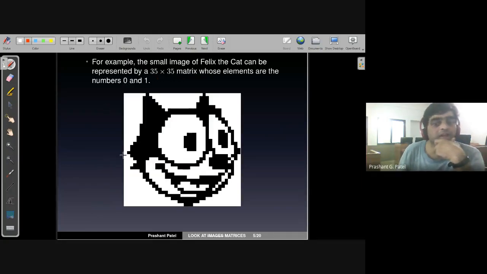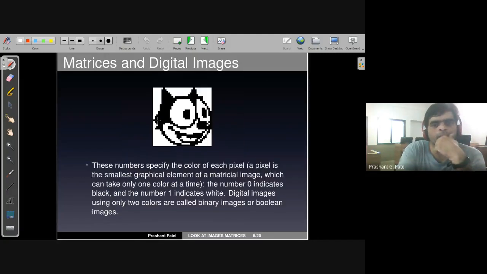So this is an image, but it is not actually an image, it is a matrix made up of zeros and ones. It is a matrix of order 35 by 35, and we can see a cat in it. Each number specifies a pixel, and a pixel is the smallest graphical element of a digital image, which can take only one color at a time.